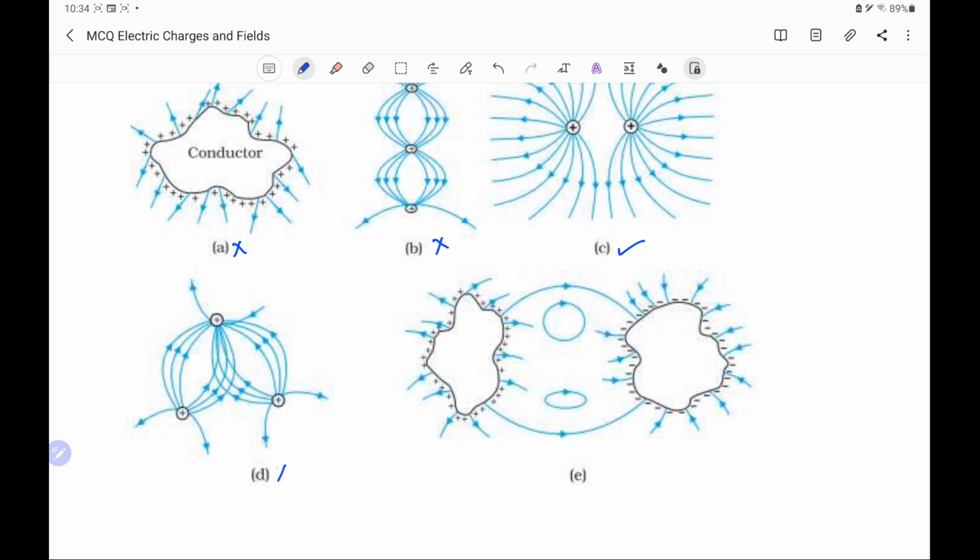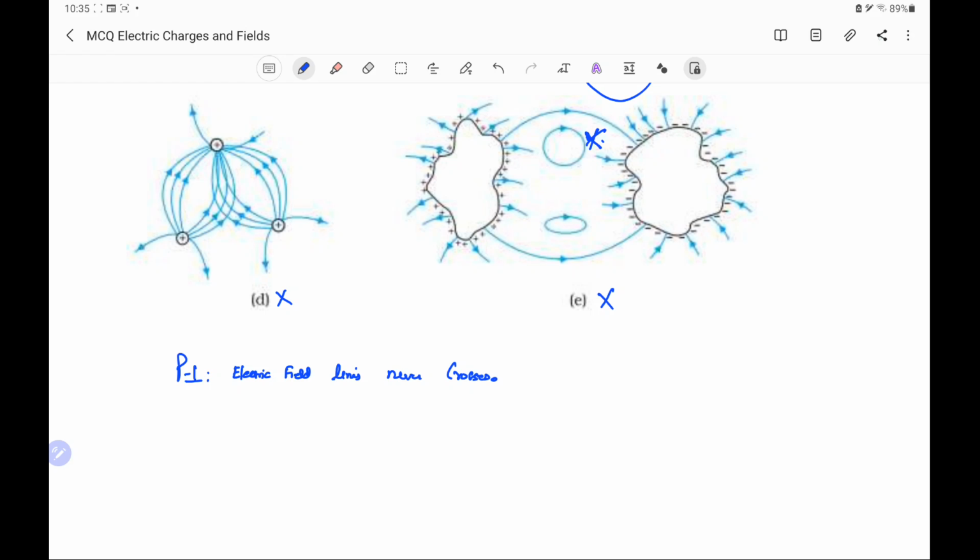So option D is incorrect. Similarly, option E is also incorrect because field lines never form a closed loop. This closed loop cannot form. And also field lines must be perpendicular to the surface of a conductor. So option C is the only correct option in the question. Here we have used one of the properties that electric field lines never cross.